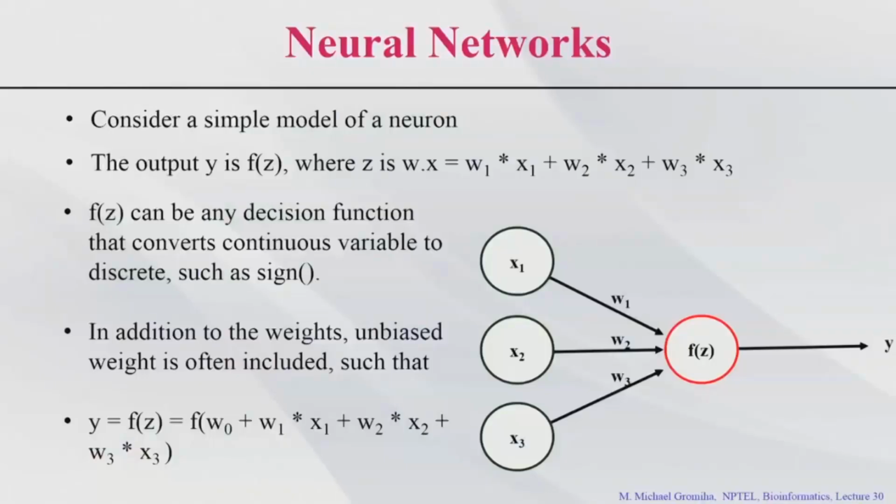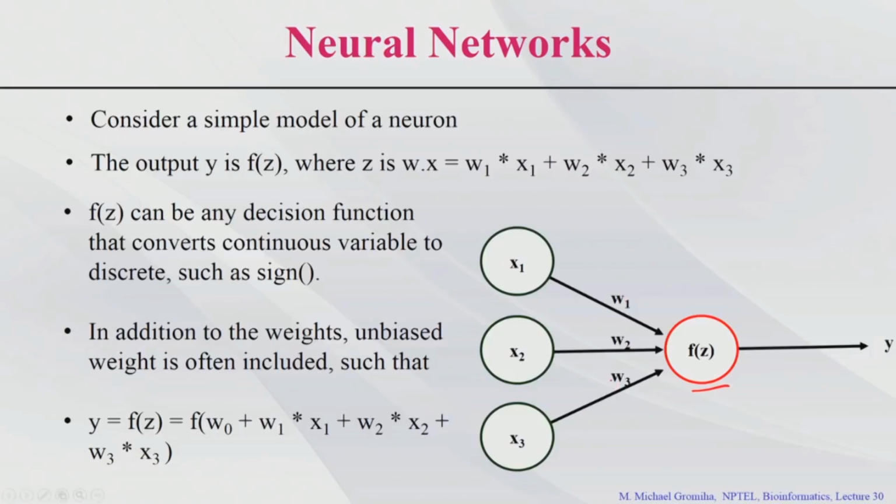Likewise, you can use this type of information in different classification problems. For example, take a simple model of a neuron, a kind of regression in 1D. If you take the output as f of z, this is connected to different inputs, for example, x1, x2, x3, assigned with different weights. So, you can see w1, w2 and w3.